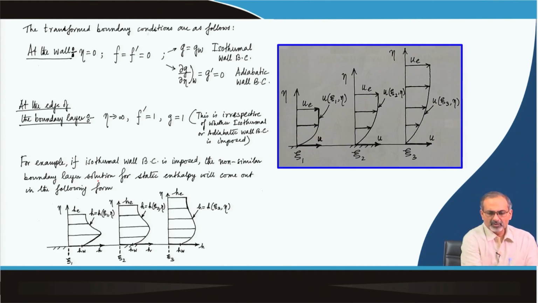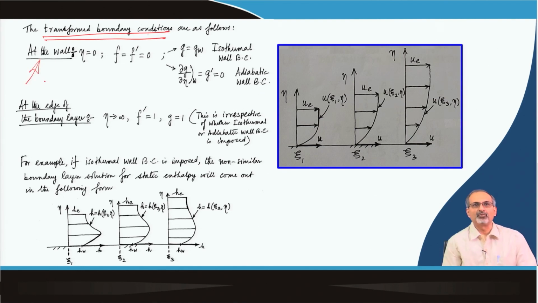Now, in the transformed boundary conditions, you see how they appear at the wall. Since you are solving the transformed conservation equations, you also need to have transformed boundary conditions. They cannot be the ones that you applied in the physical space. So, instead of saying y equal to 0, we now say eta equal to 0, which represents the wall.